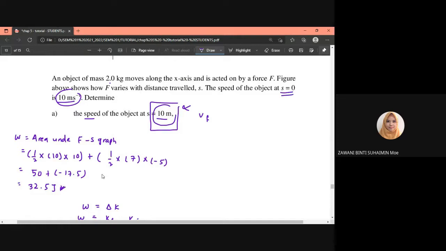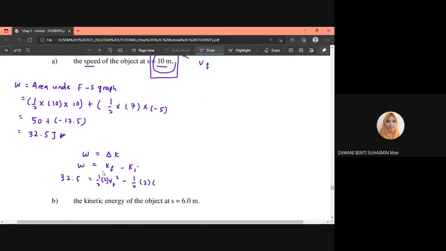So S is equal to 0, maksudnya dekat starting point awak. So meaning this is your initial velocity lah. Okay, so 10 square. Okay, so bila kita kira-kira, kita akan dapat velocity kita bersamaan dengan 11.5 meter per second. Okay, so that is our final velocity. So settle. So cara dia macam tu lah.